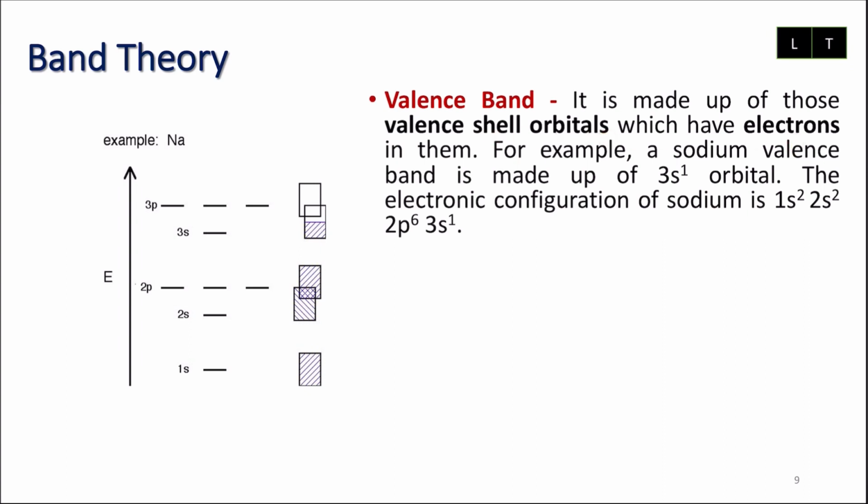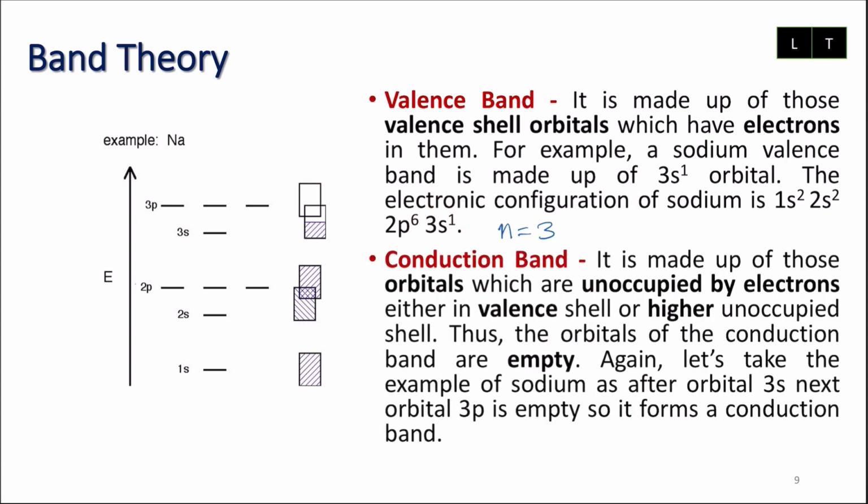For example, kalau sodium, kita ada highest n value n equals to 3. So that is why valence band is made up of 3s1 orbital untuk sodium, because sodium ada this electronic configuration 1s2 2s2 2p6 3s1. So ini yang paling tinggi.